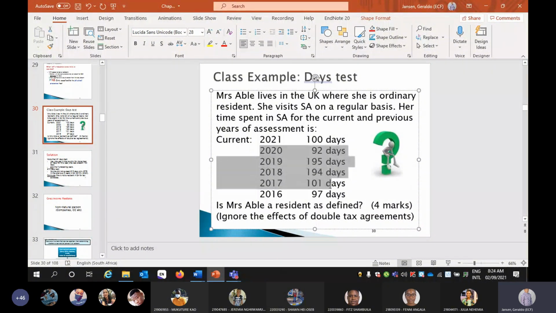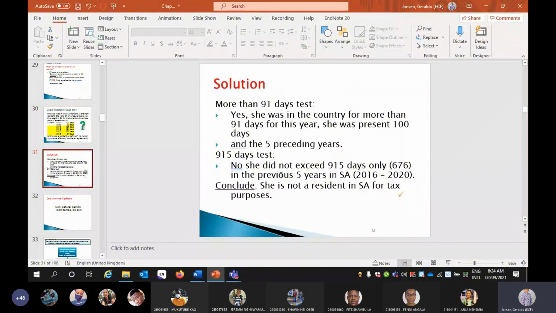And then the last requirement is, do these days, these 5 years, add up to more than 915? So let's have a look. Apparently, if you add all of that, you get 676 days, and therefore she did not meet that last requirement, so she did not exceed 915.